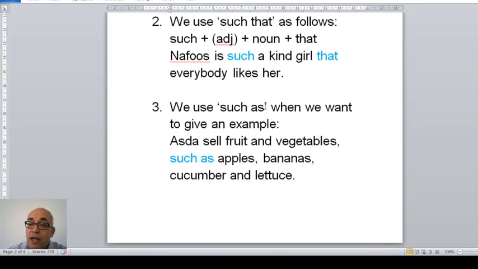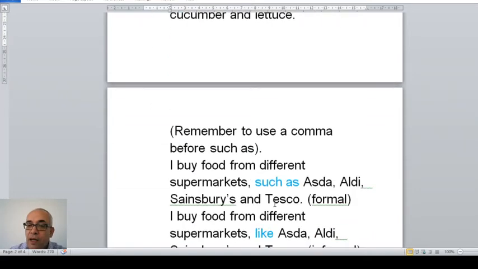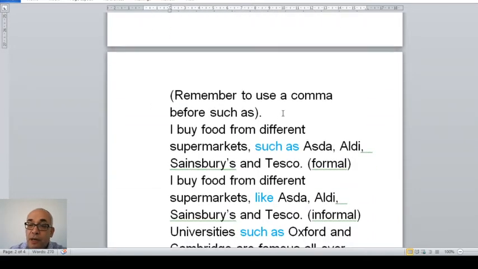We use such as when we want to give an example. Shops that sell fruit and vegetables, such as, it means for example, apples, bananas, cucumber, and lettuce. Remember to use a comma before such as. I buy food from different supermarkets, comma, such as Asda, Aldi, Sainsbury's, and Tesco.